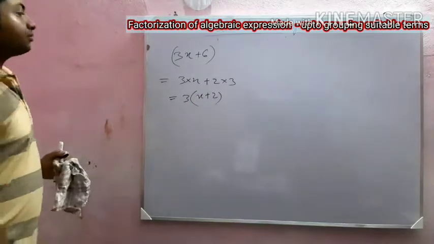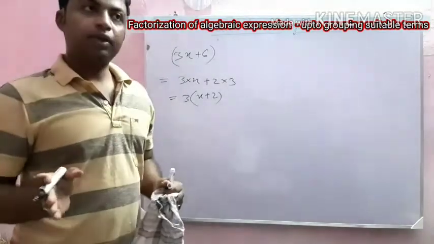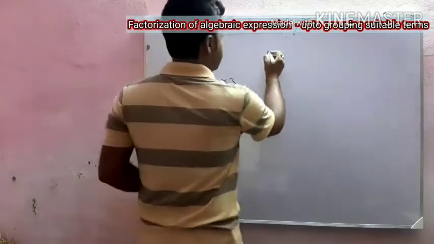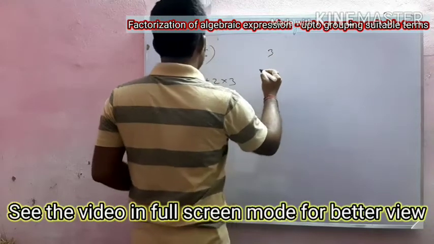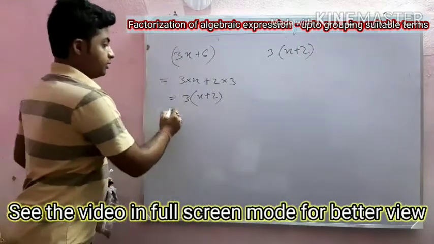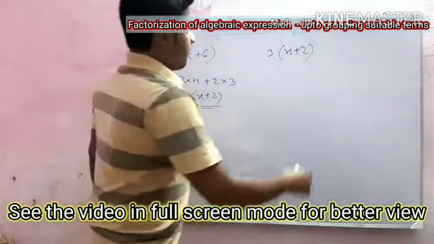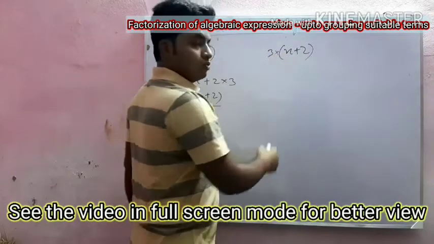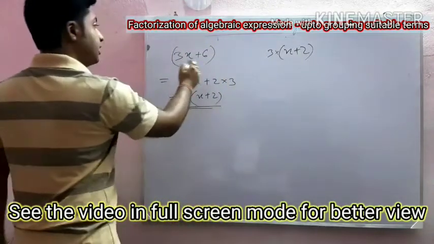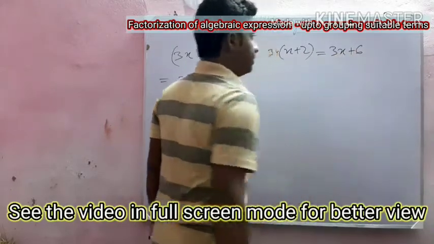Now see, in the chapter rational number, you have learned about applying the distributive property and finding the product of algebraic expressions. Here, suppose 3 and x plus 2, which is actually the result of this problem. The answer of factorization of this term is 3 into x plus 2. If we apply the distributive property here, we will get back this term. This is 3x plus 6, right?